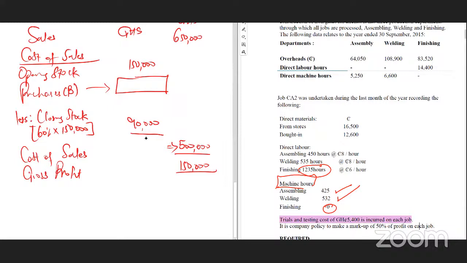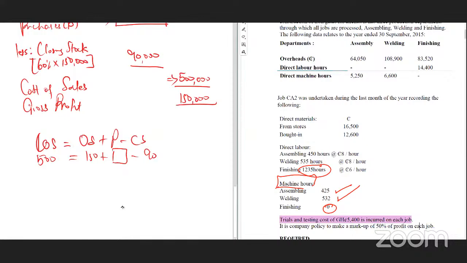So you are just saying that cost of sales is equal to what? Your opening stock plus purchases, not so, minus closing stock, right? Now we know this was 500, this was 150 plus what? Box, which is the purchases, minus closing stock of 90. So how do we make box the subject?